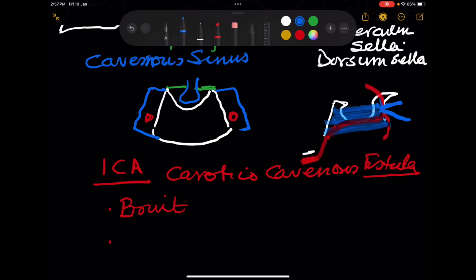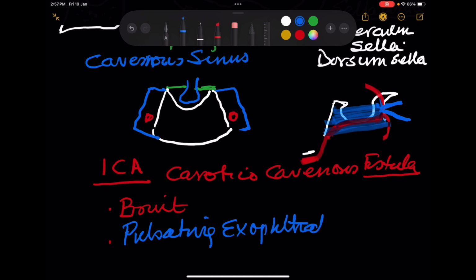That is called pulsating exophthalmos. So a bruit and a pulsating exophthalmos on hearing over the eye indicates a carotico-cavernous fistula.